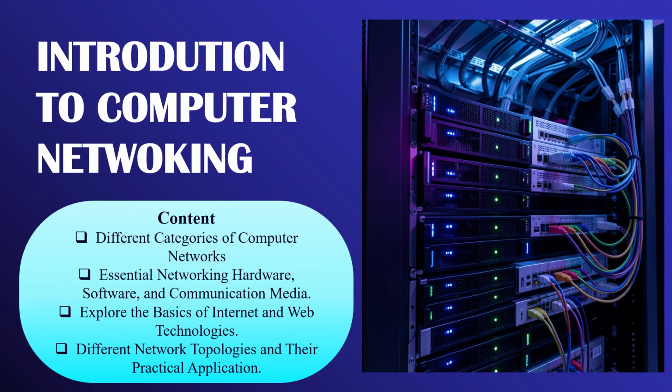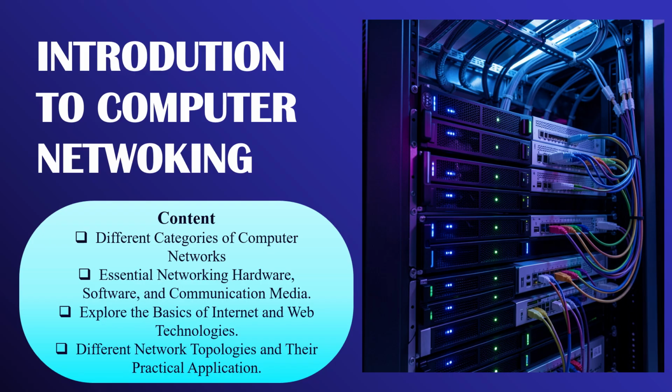In this final section, we are going to explore how computers connect and communicate with one another. I will cover four main areas. First, the different categories of computer networks based on the size of the area they cover. Second, the essential networking hardware, software, and communication media that make networking possible.